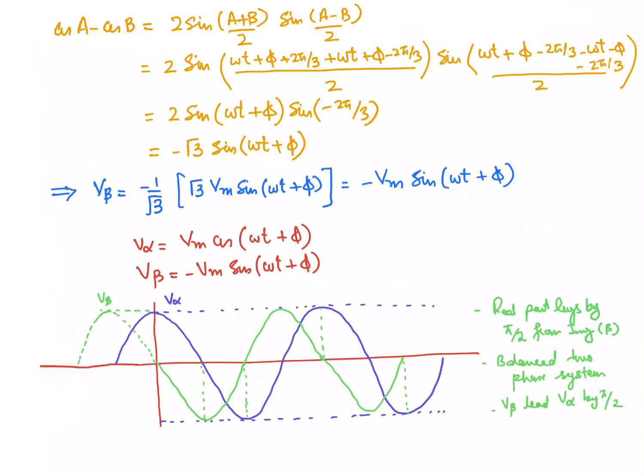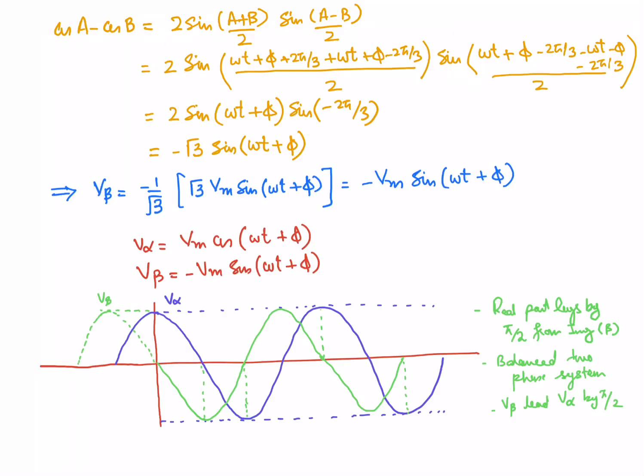With this orientation, if I write down the equation for the conversion, we need to find V alpha minus j V beta. That will be equal to Vm into cos of omega t plus phi plus j into Vm into sine of omega t plus phi.